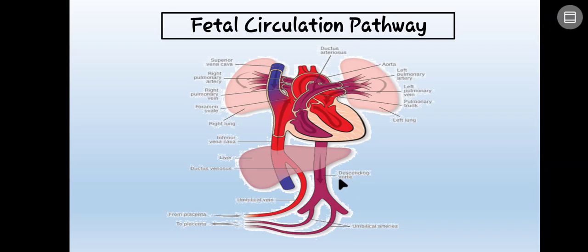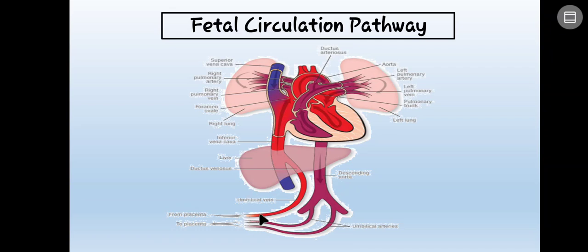It goes back to join what we call the umbilical arteries. After the baby has utilized all these nutrients, it comes back to join the umbilical arteries. The umbilical arteries then go back to the placenta, and it ejects it into the mother's circulatory system for the whole process to begin again.